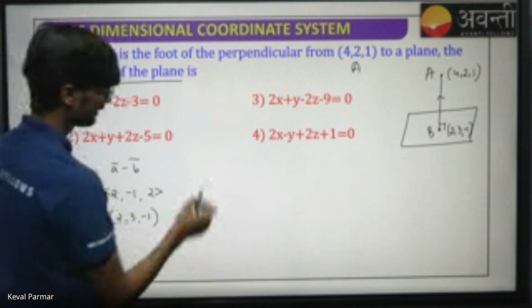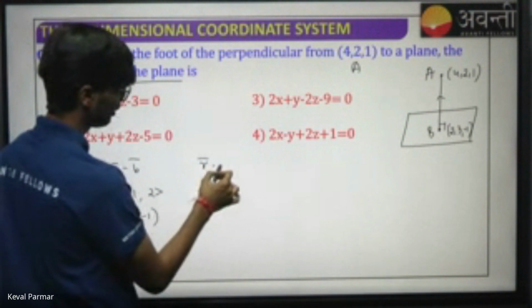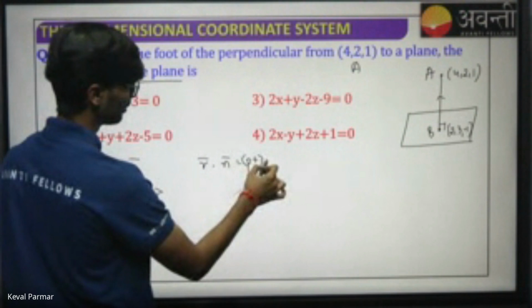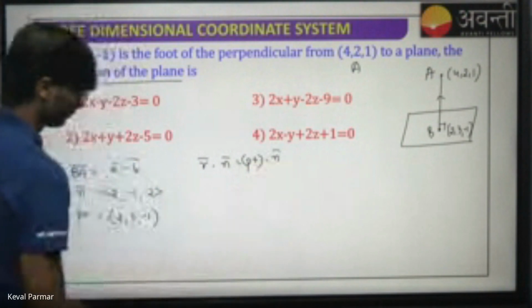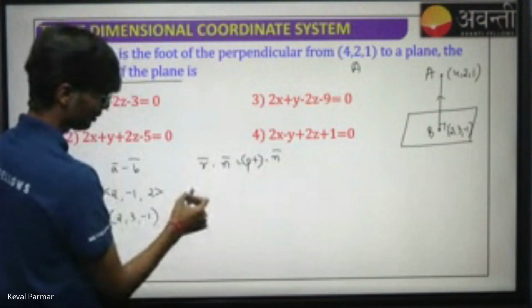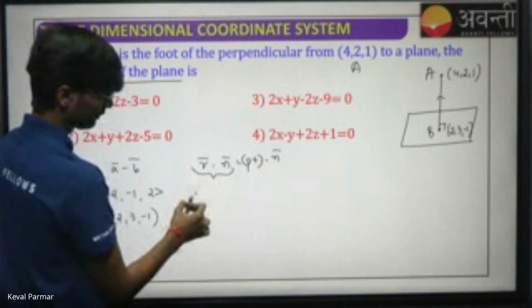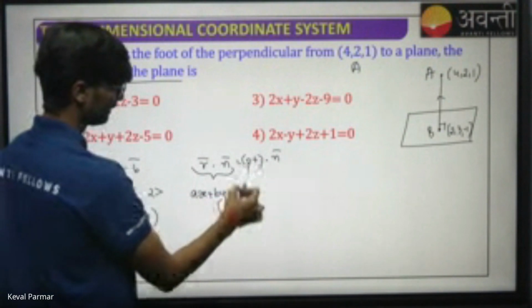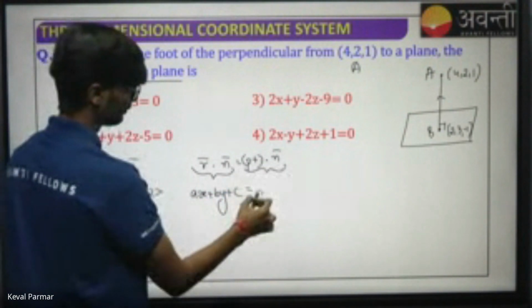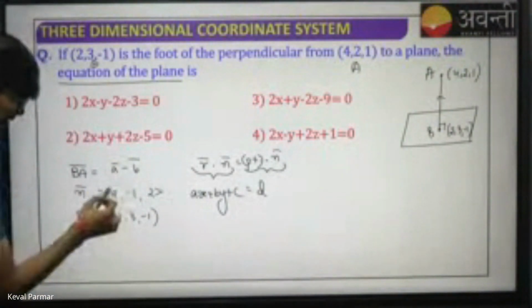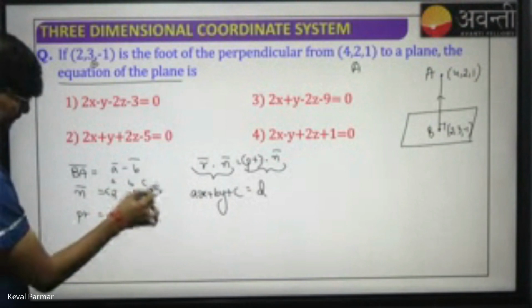What is the equation, guys? R vector dot normal equals point dot normal. R vector dot normal reduces in Cartesian form to ax plus by plus cz equals d, where a, b, c are these.